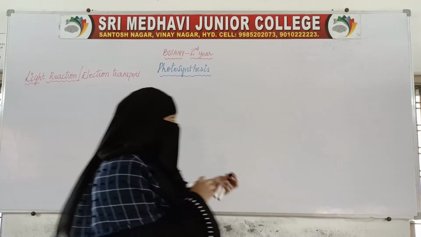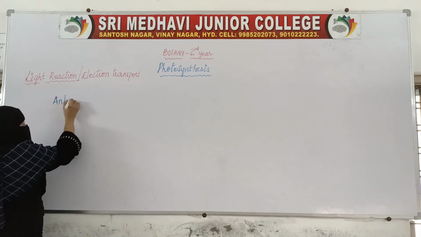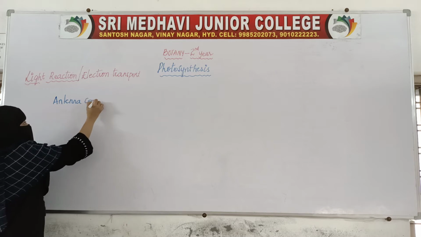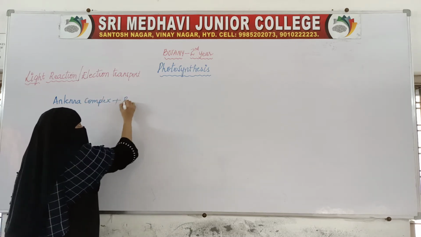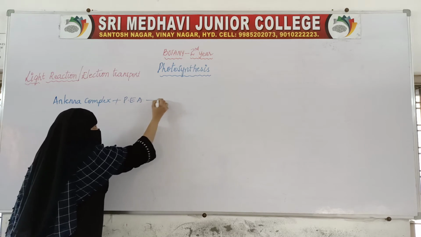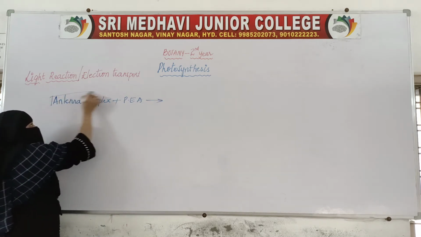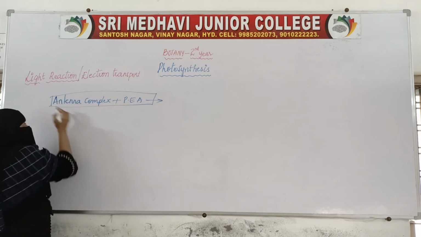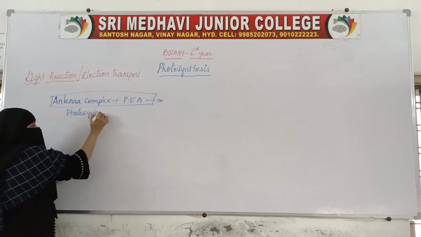The antenna complex plus primary electron acceptor together is called a photosystem.